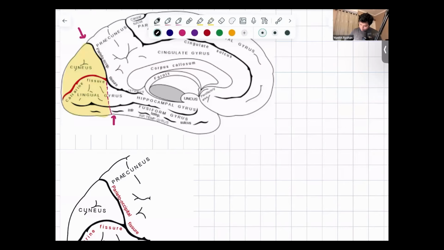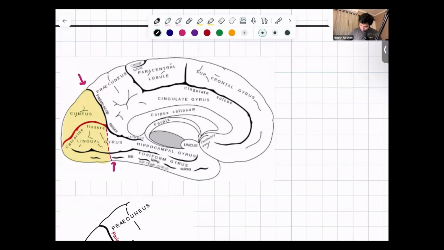Now, looking into the parts, there are basically two parts which you can see. That is the cuneus and the lingual gyrus.